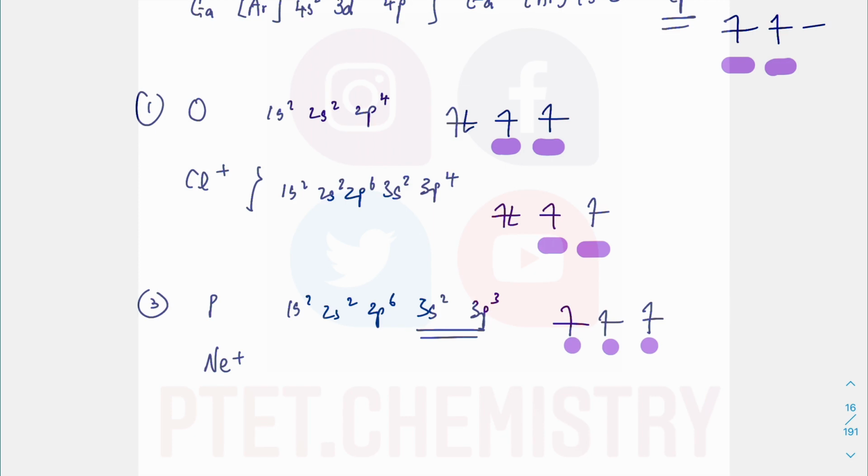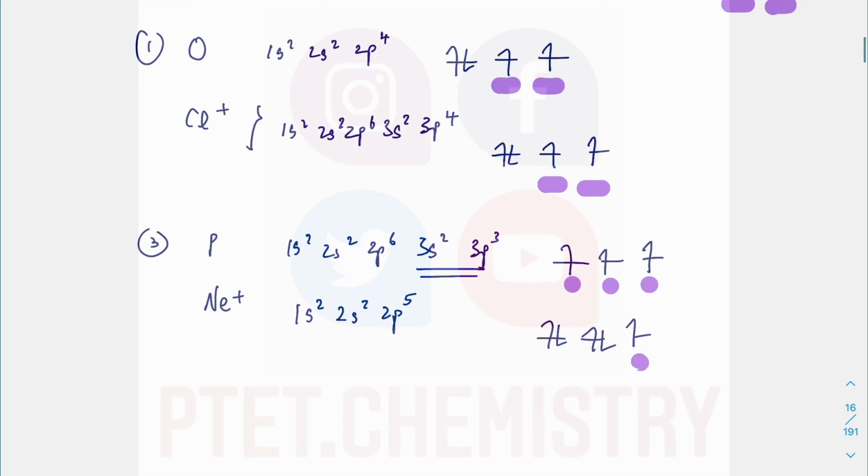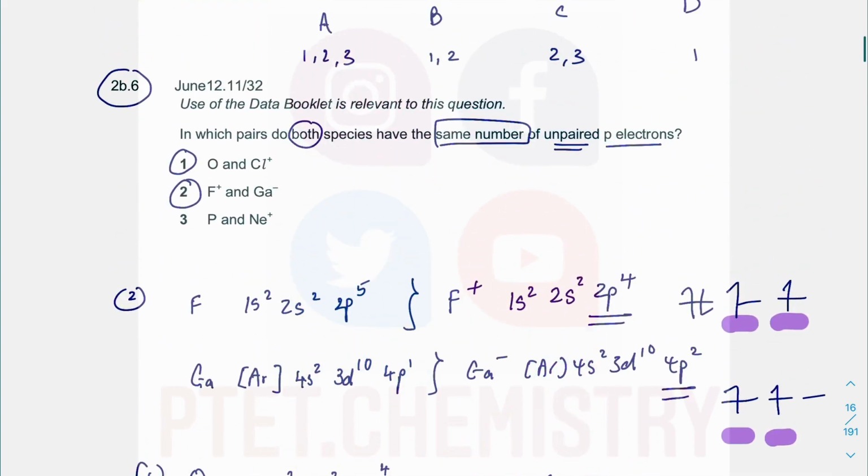And neon plus is going to have the same configuration as fluorine atom because it has lost 1 electron. So now it's got only 7 outer shell electrons instead of 8, okay? And it's not going to have the same as P3 because you only have 1 unpaired electron, which is different from 3 unpaired electrons. So number 3, they are not the same. It's just 1 and 2, which is option B.